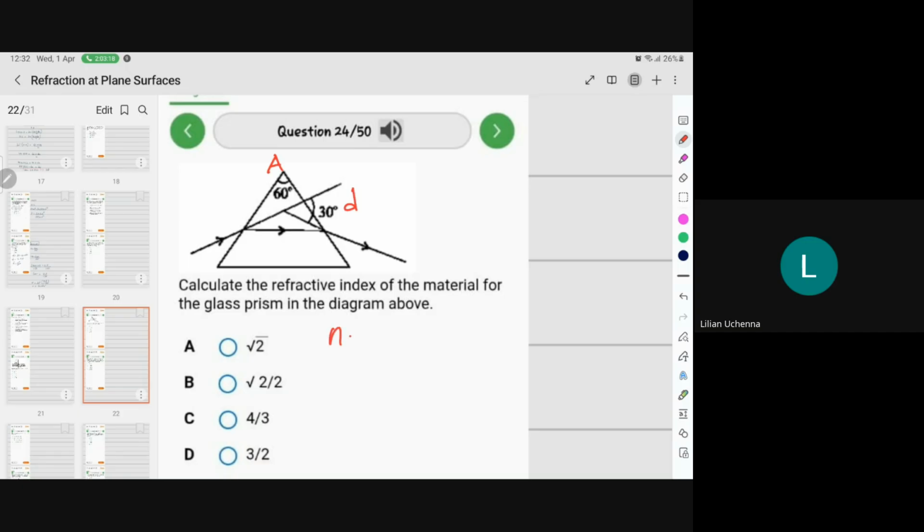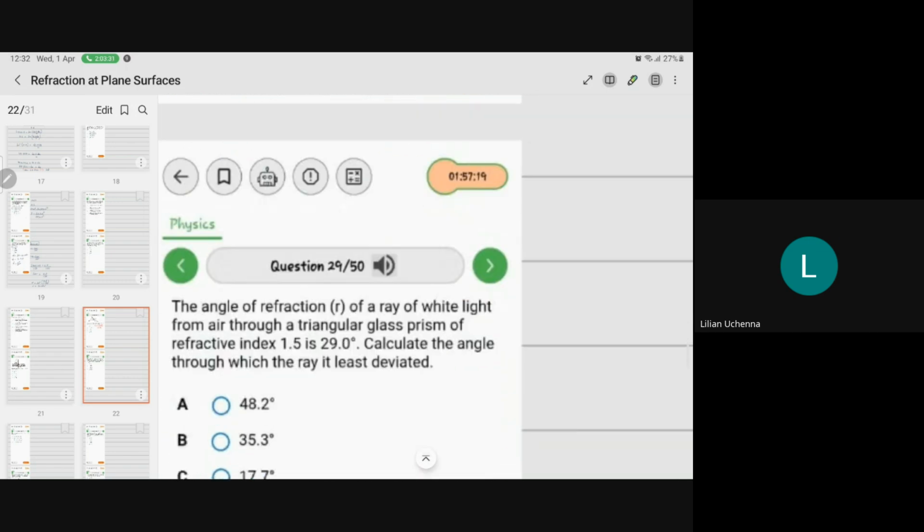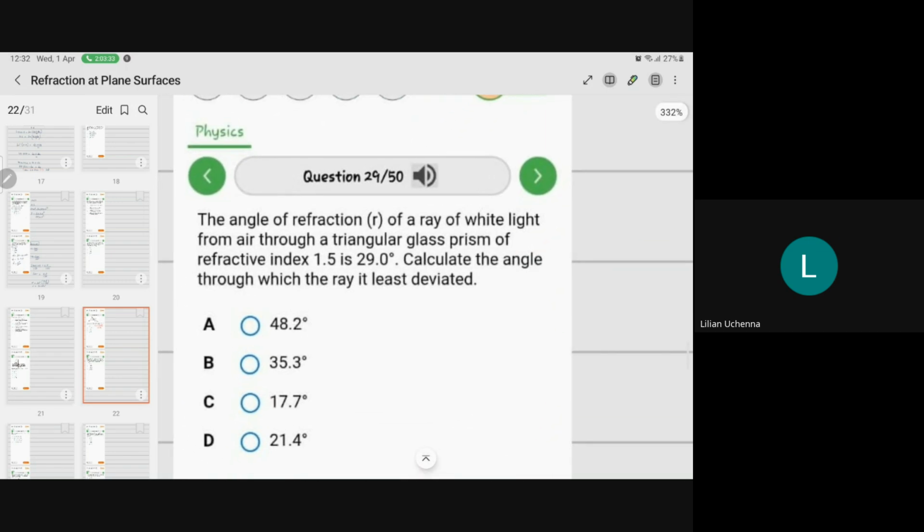So apply the formula that says n is equal to sine of (A plus Dm) over 2, divided by sine of A over 2. Solve that and get your answer, okay? This one says angle of refraction r, calculate the angle through which the ray is least deviated.